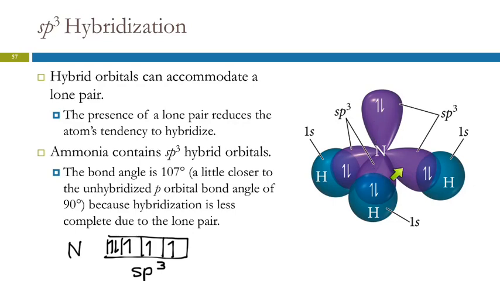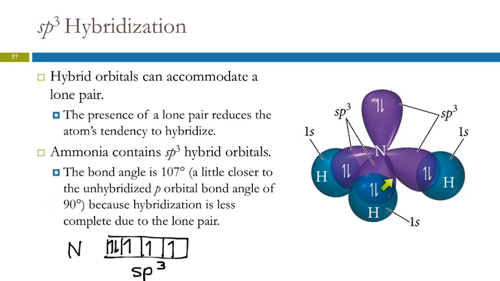So these hybrid orbitals would have an arrangement where they are tetrahedral with 109.5 degree angles, right? But this lone pair causes the angle to be a little different. The actual angle is 107, and that's a little closer to the unhybridized p orbital.